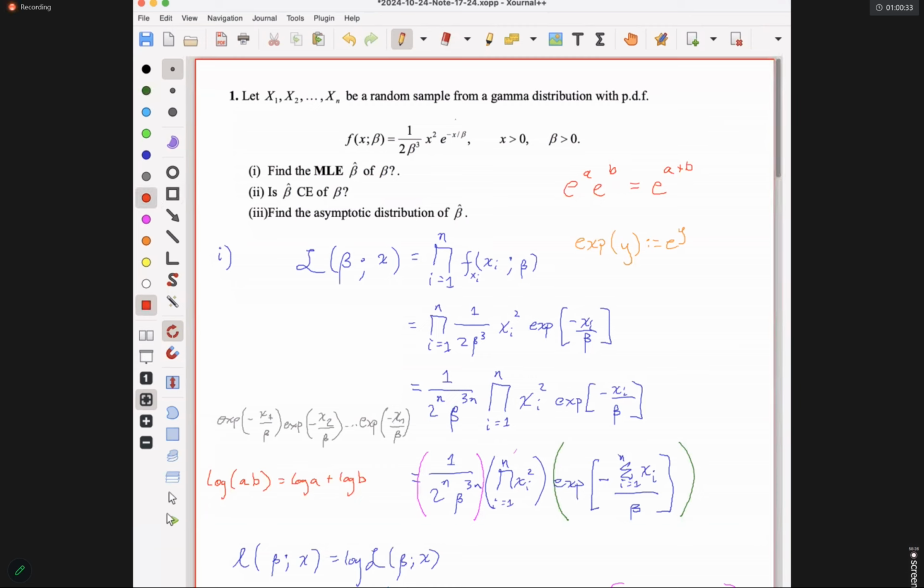So your table says f of x given alpha and beta is equal to 1 over gamma of alpha, beta to the alpha, x to the alpha minus 1, e to the negative x over beta.